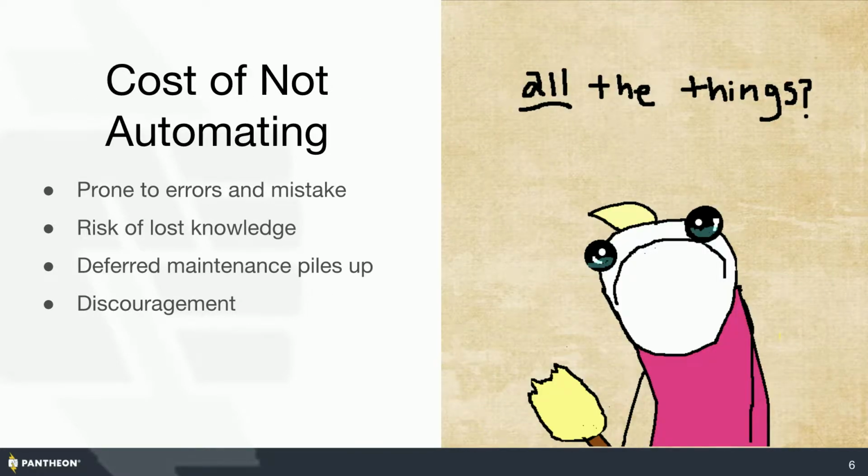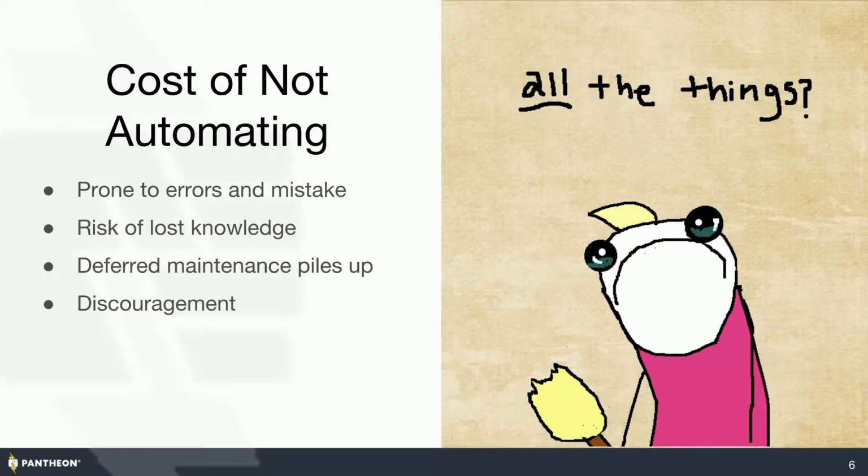The alternative is to not automate, and there's a hidden cost in that. If you just look at the time budget, where you're doing the same thing over and over again, when you do the same thing repeated times, it gets boring, and you're more likely to gloss over it and maybe make mistakes. You have a large risk of lost knowledge.